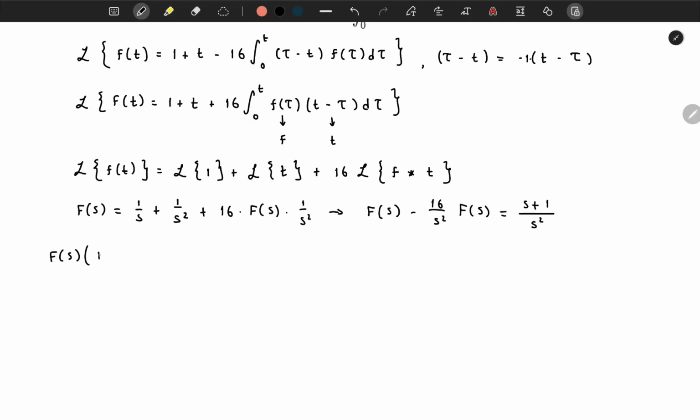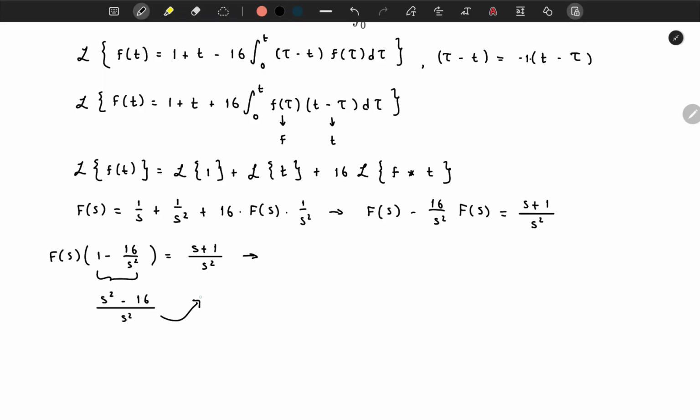Now we can factor out the F(s) on the other side of the equation. So this would leave us with 1 minus 16 over s squared equal to s plus 1 over s squared, which we can simplify by getting the same denominator, and that will give us s squared minus 16 over s squared.